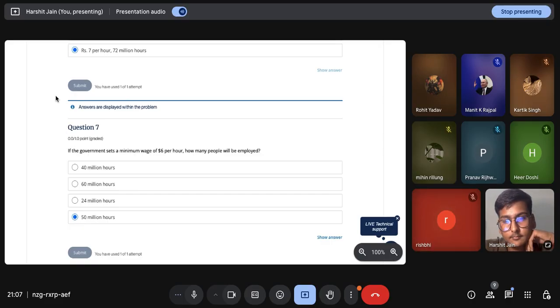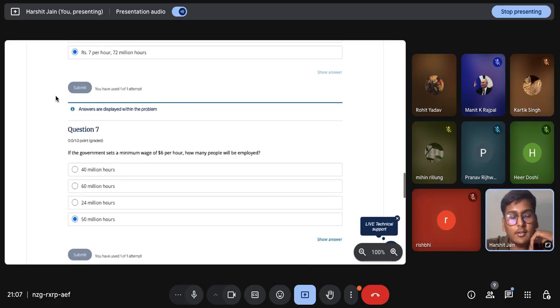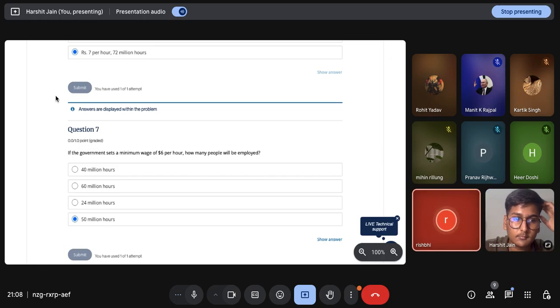Yes, 12 into 6 is 72. Then subtract: 96 minus 72 is 24, so it will be 24 million.